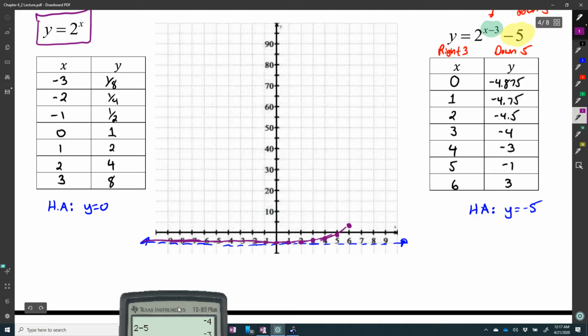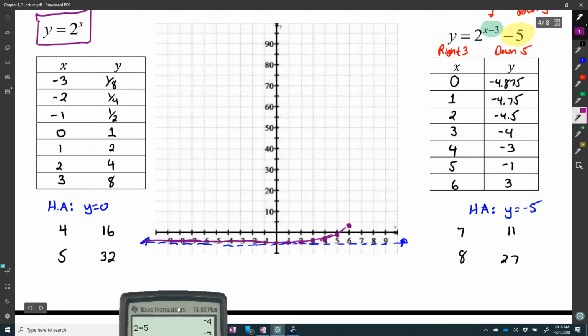Now I need some more points to help me out. So I'm going to add some points. Let's say we have 4, 16, and 5, 32. So here, if I go right 3, this is 4 plus 3 is 7, 5 plus 3 is 8, and then down 5, 16 minus 5 is 11, 32 minus 5 is 27.